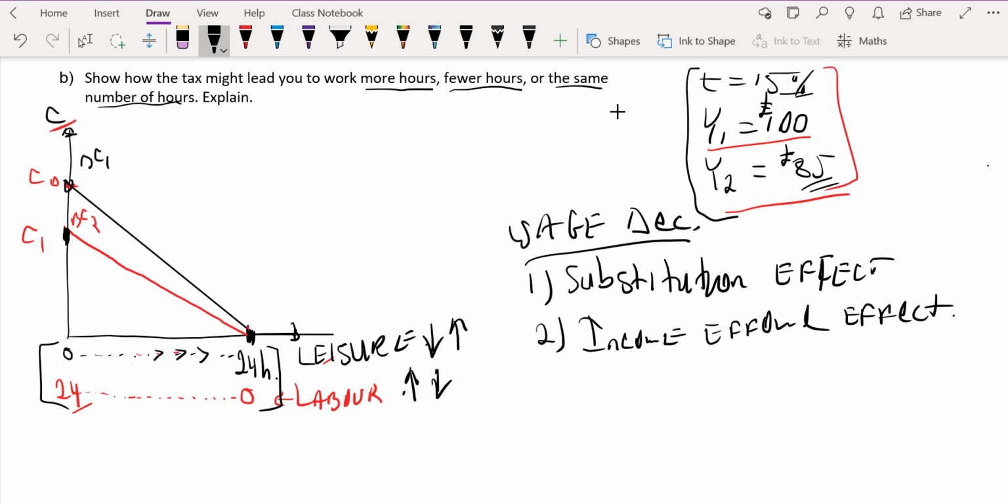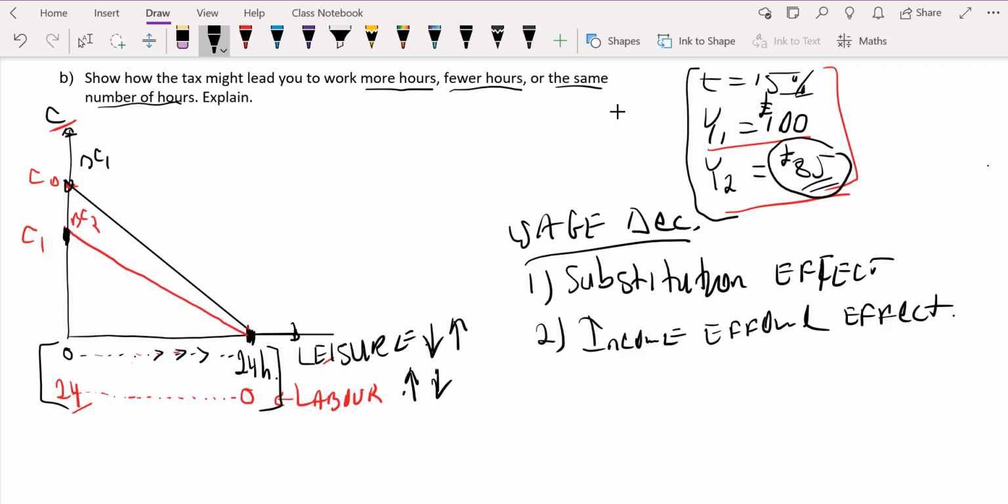So you will usually be buying more leisure whenever there is a substitution effect. However, there could also be an income effect, which means that a decrease in wages causes income to fall. As income falls, you will then demand less leisure, and as a result, hours of work increase.